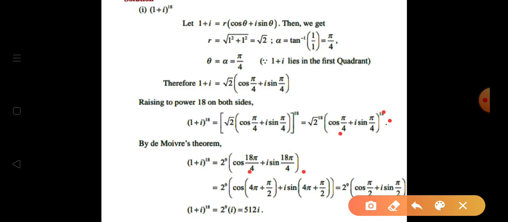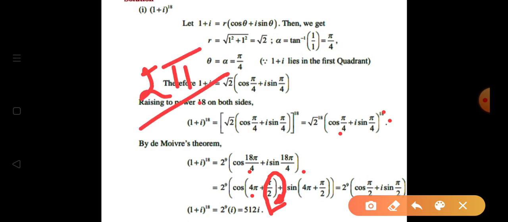Now listen, here we divide 18 by 4. 4 fours are 16, balance 2 by 4, so 4 pi plus 2 pi by 4. Now cancel these two numbers, we get pi by 2.